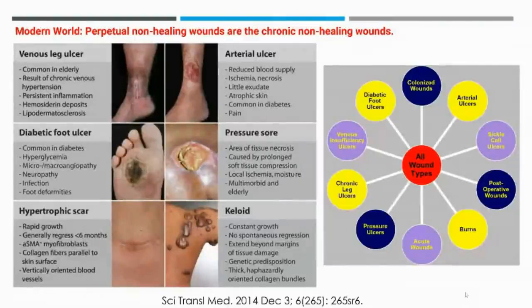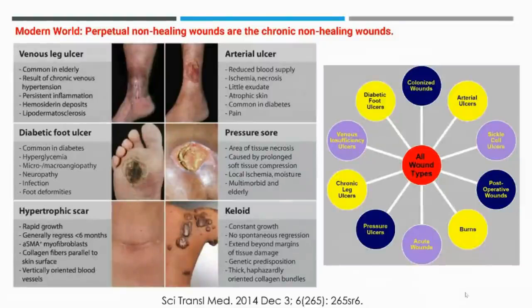So both are vascular. So you don't have enough blood supply, or the vascular supply to that particular location is compromised. Most of the time it is on the lower part of your anatomy, which is the lower extremities. So ischemia, the lack of blood flow, lack of oxygen to that site. So whenever you have any abrasions or lacerations in those sites, because of the lack of blood flow, it's not going to heal.